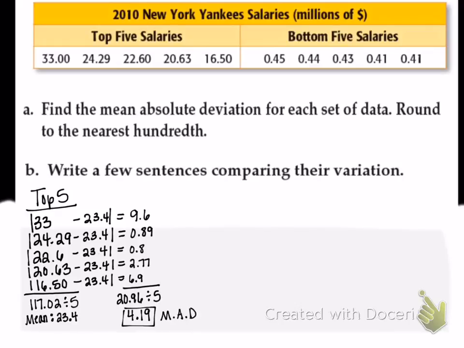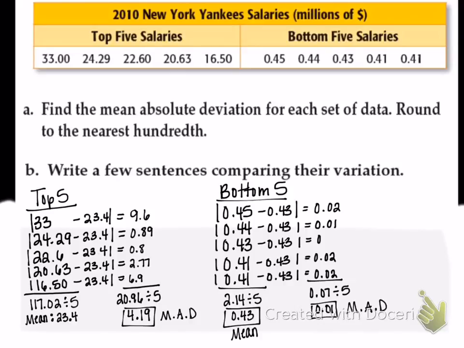Now that we've done this for the top 5 salaries, we'll do the same thing for the bottom 5 salaries. Once you complete the calculations for the bottom 5, you find that the mean is 0.43. So you subtract 0.43 from each data value, resulting in differences of 0.02, 0.01, 0, 0.02, and 0.02.